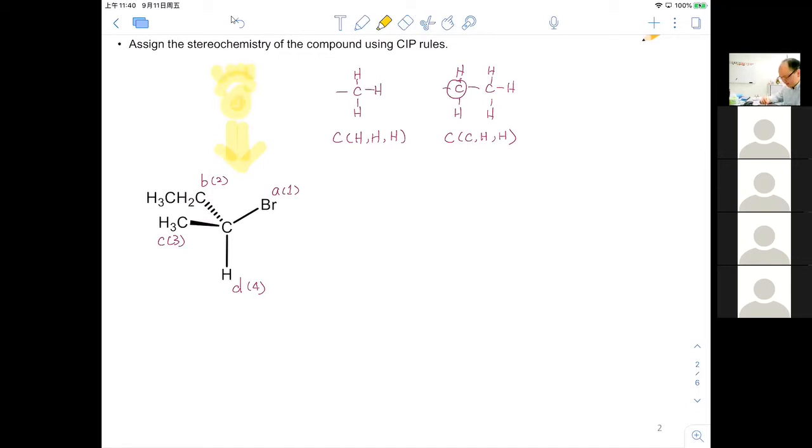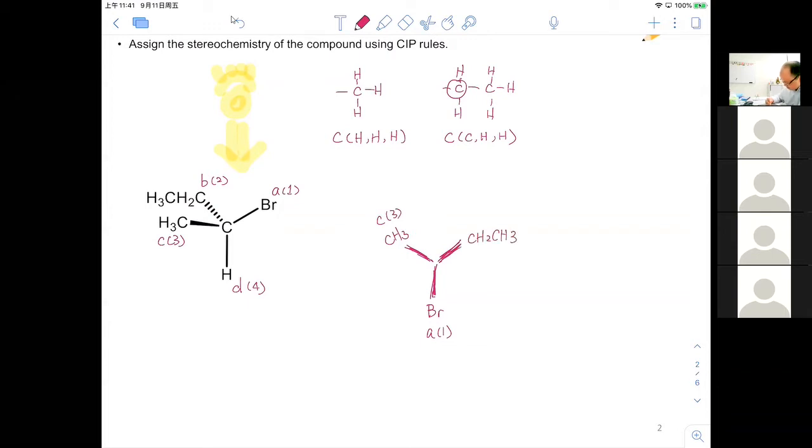What you see is that you have a bromide, let's say at the bottom, which is A, 1. And on the left is the methyl group, which is C, 3. And the other one is acyl, which is B.